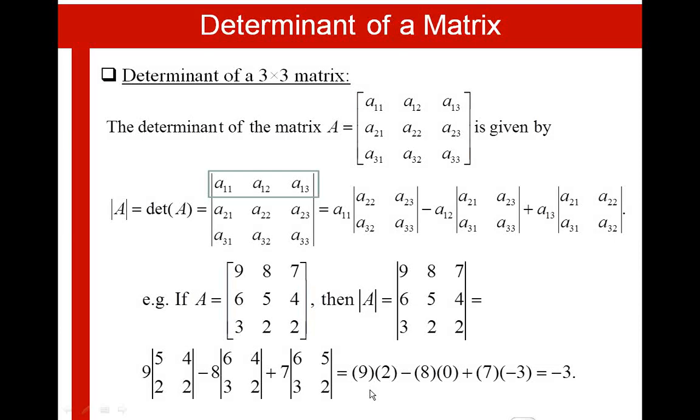If we do the operations, we have 9 times 2 minus 8 times 0 plus 7 times minus 3, which is equal to minus 3.